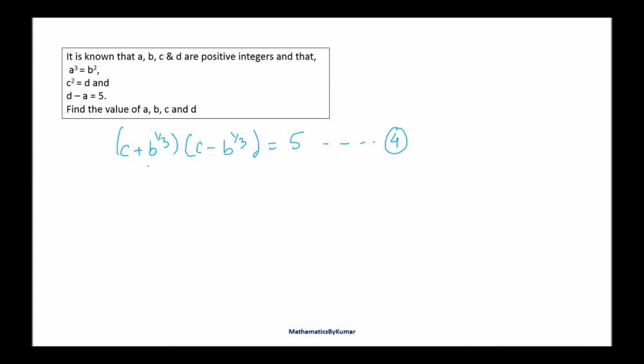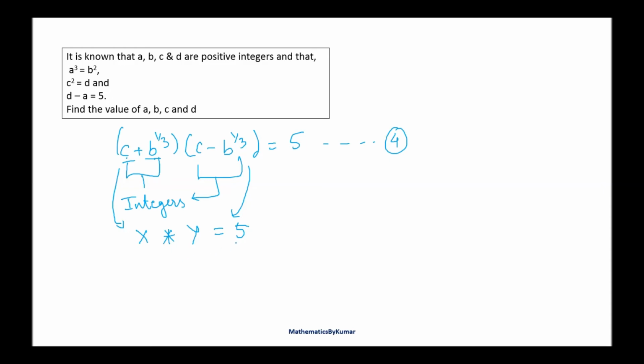The reason is that C and B to the power 1 by 3 are both integers. Let me call this term big X and this term Y. They are both integers which have been multiplied to get a value of 5.